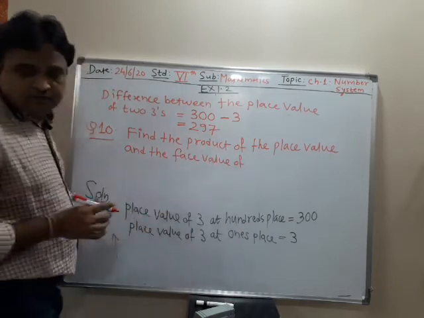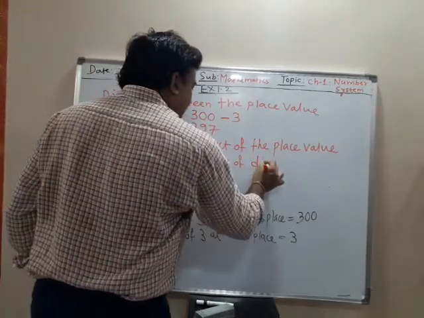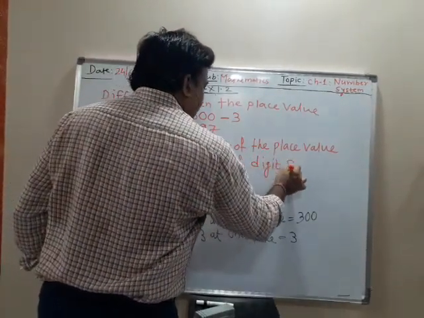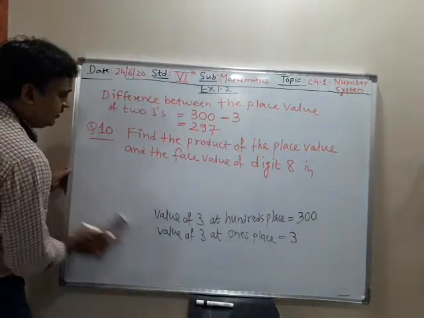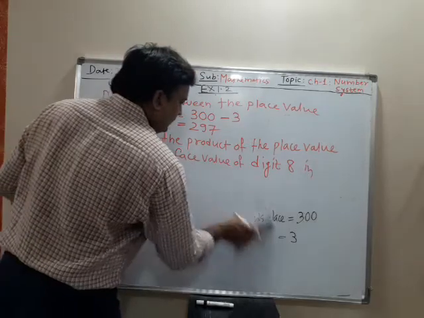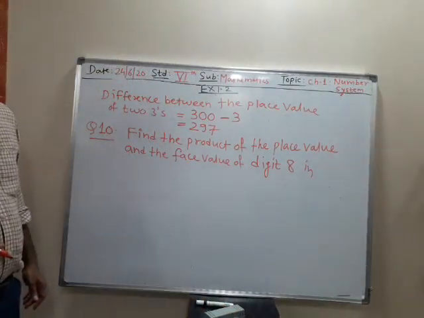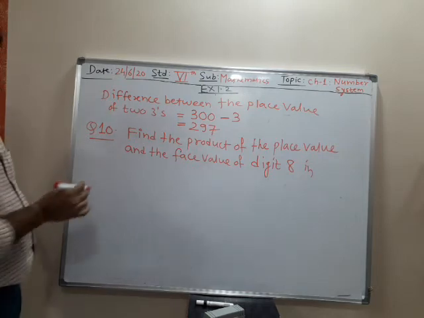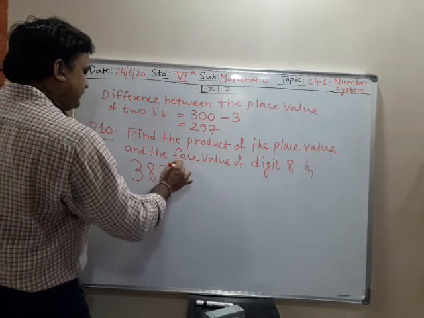Find the product of the place value and the face value of digit 8 in 38756.